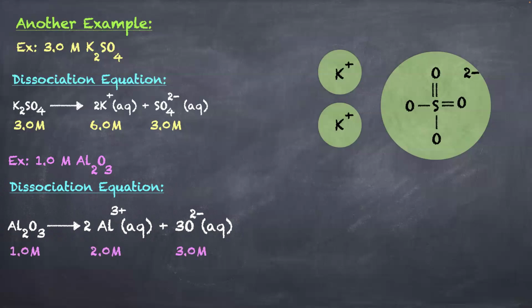Therefore, if we have 1 molar Al2O3 to start with, the aluminum, because of the coefficient of 2, has to give you twice the concentration. So it's going to be 2 molar for aluminum 3 plus. And for oxygen, the concentration will be 3 molar, so 3 times as much as Al2O3.